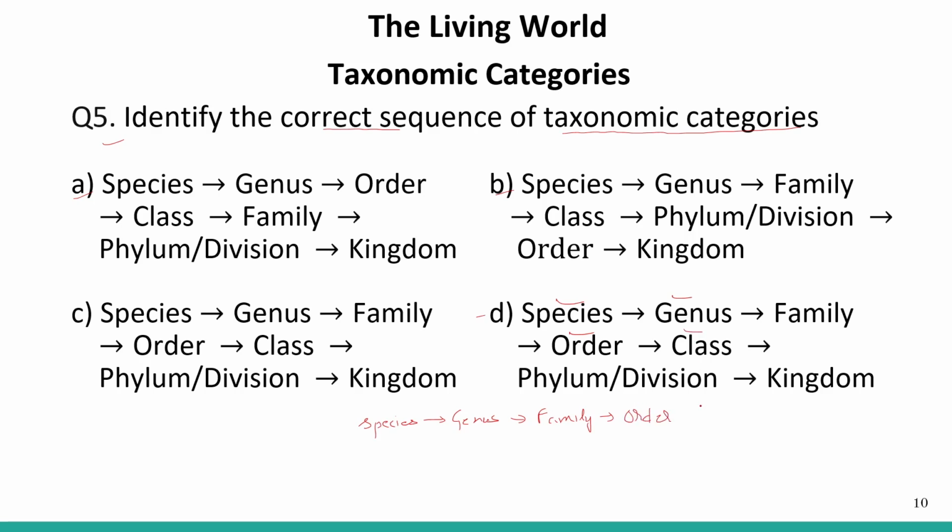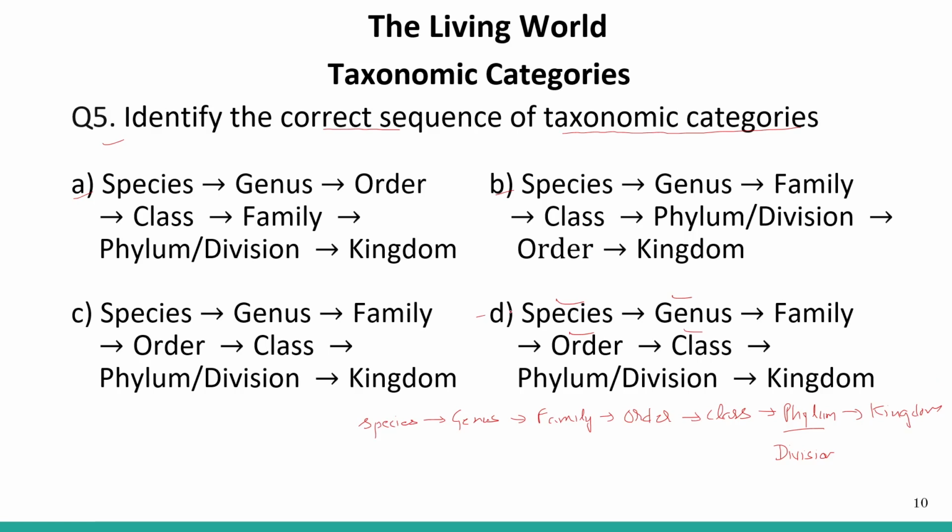Then we have the class, which is a higher category than order. Then higher to class we have phylum, or division in case of plants. And then we have the kingdom.